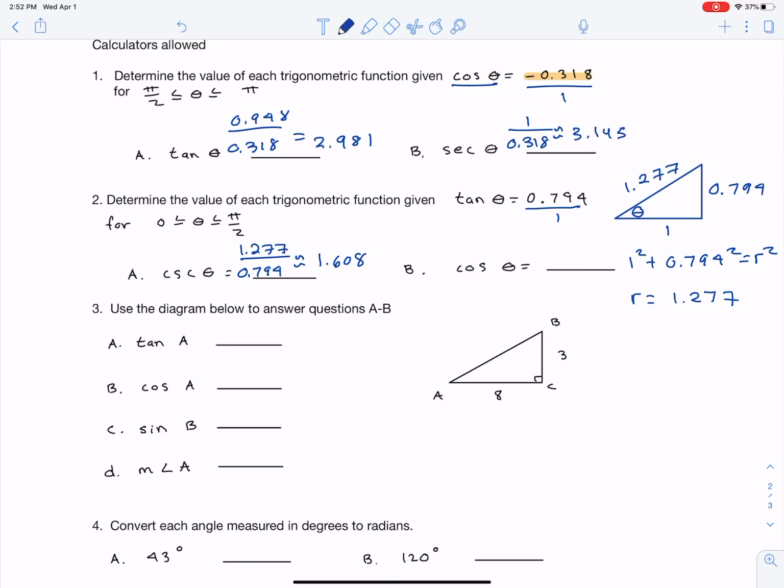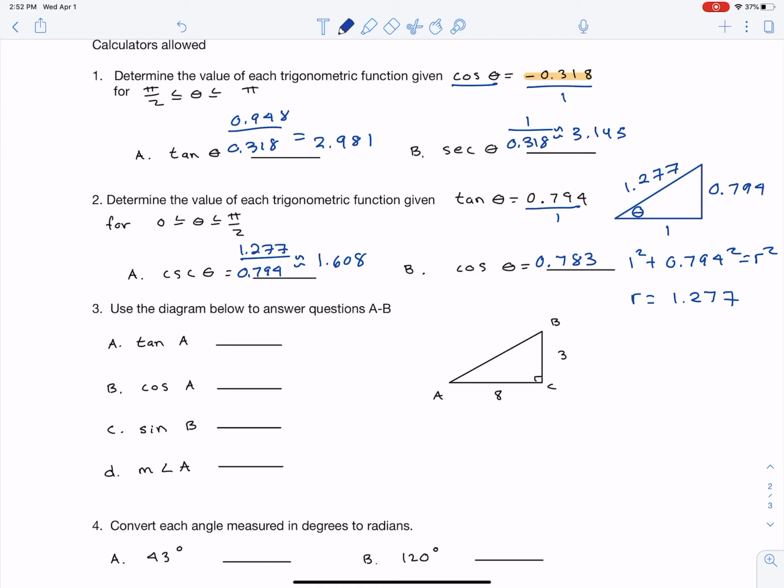And then in order to find cosine, cosine is adjacent over hypotenuse, so that's 1 divided by 1.277, which gives me approximately 0.783.